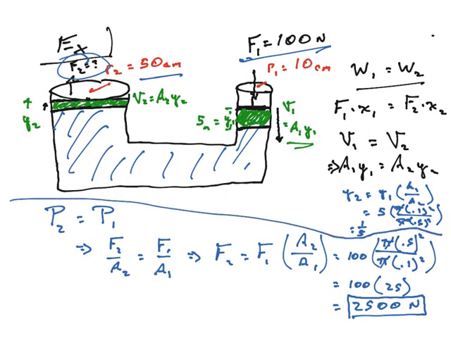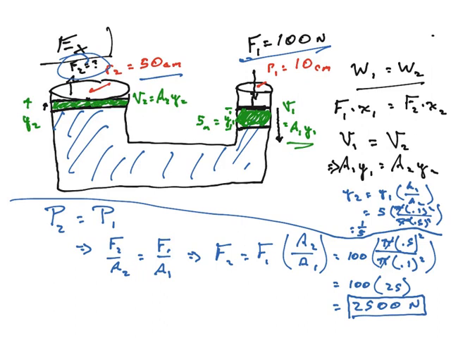With hydraulics, nothing's perfect. You get some aspect of mechanical advantage in the force, but you lose some aspect of mechanical advantage in the distance that these pistons are moving. So yes, I can lift up a really heavy car using a hydraulic jack or something, using a very small amount of force.